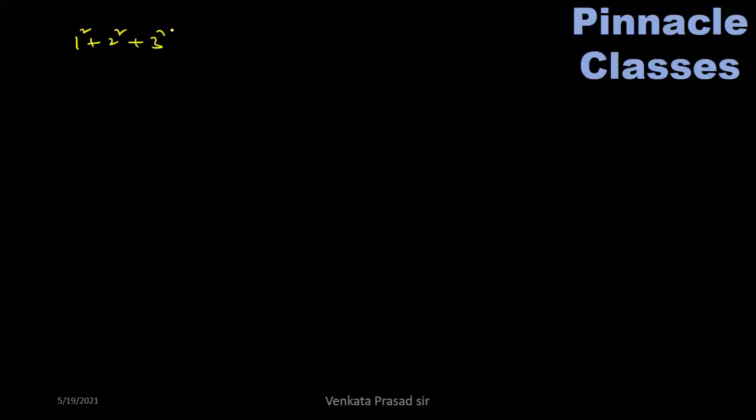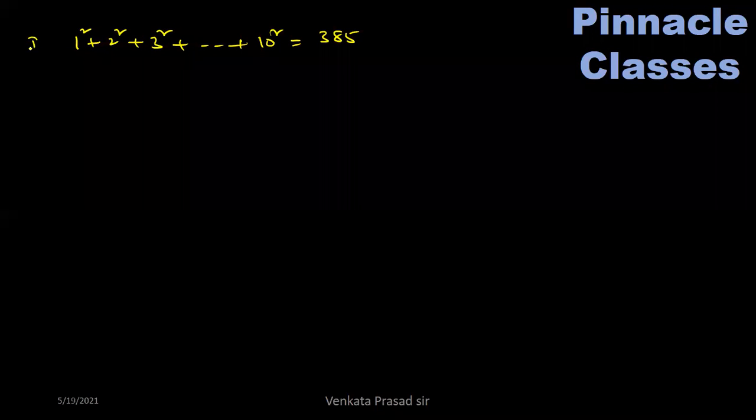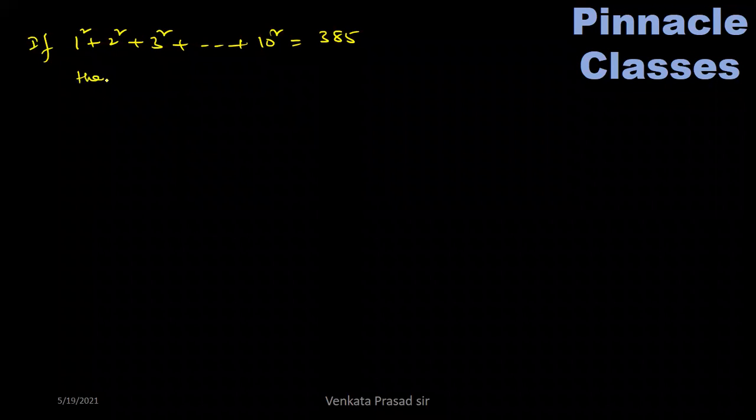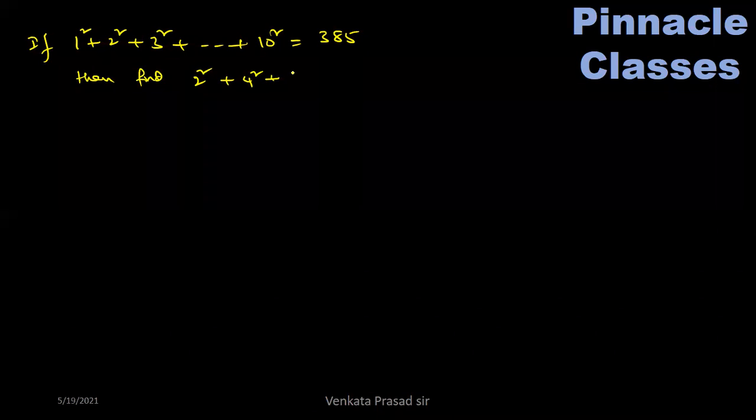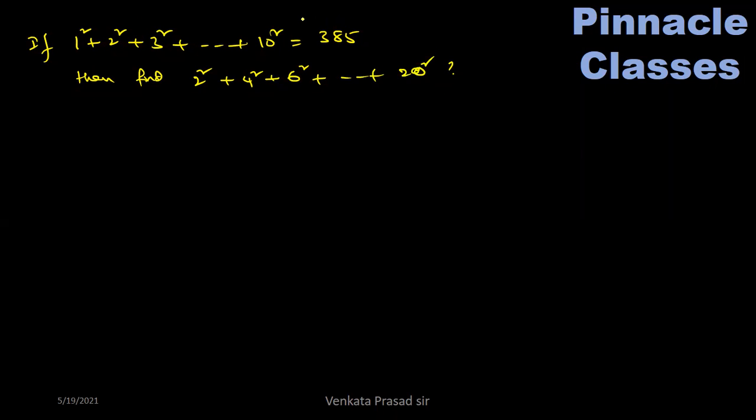Now, 1^2 plus 2^2 plus 3^2 and so on up to 10^2 is equal to 385. Then find the next value. Anyone solving this question? Just raise your hand. It's a very funny question.